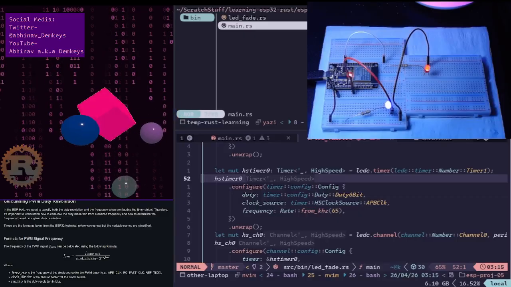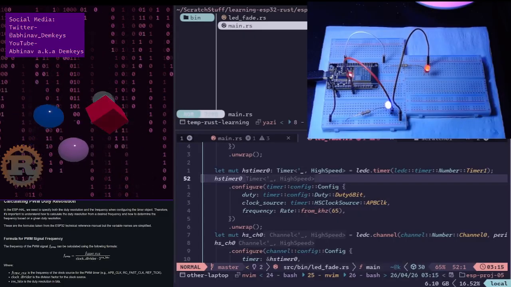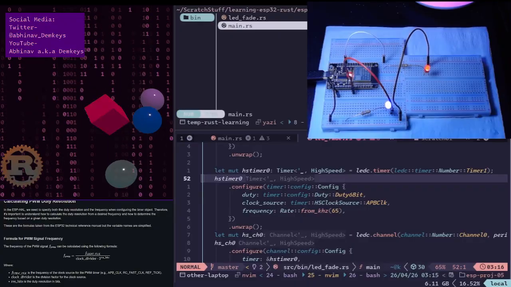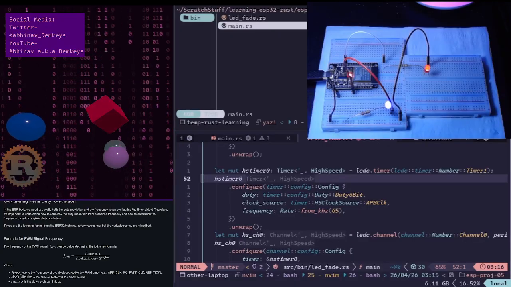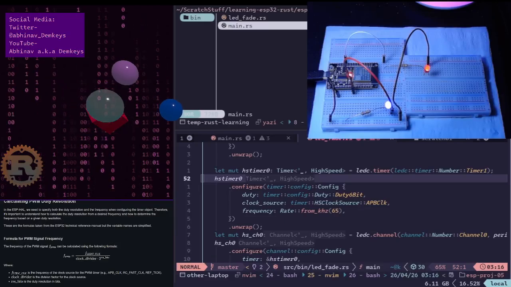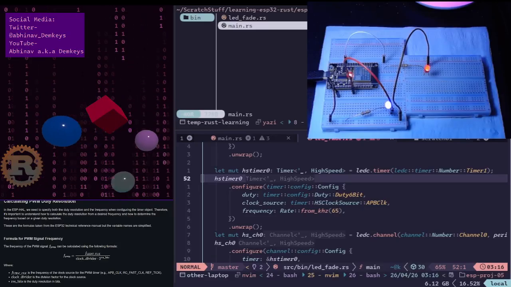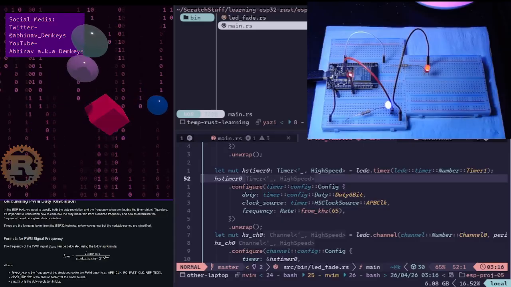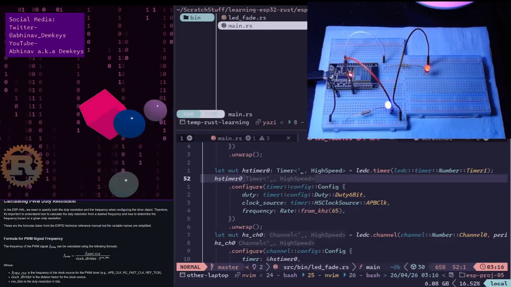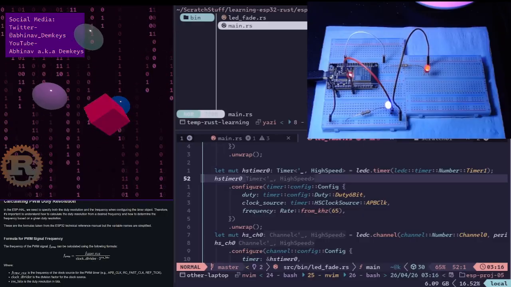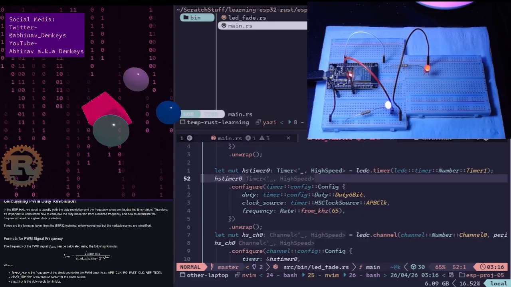So we've been busy learning about all of that stuff, and recently we set up a very simple PWM example, a very simple PWM fading circuit.